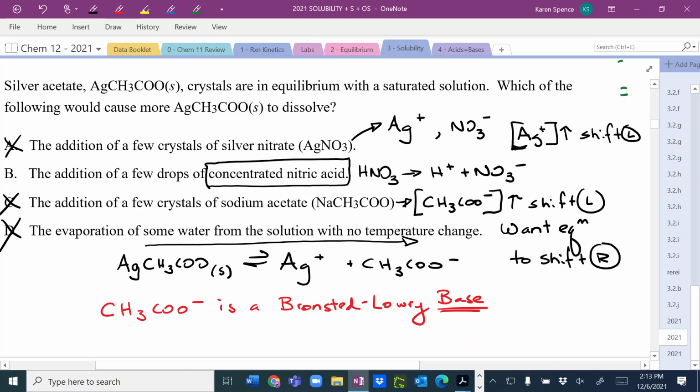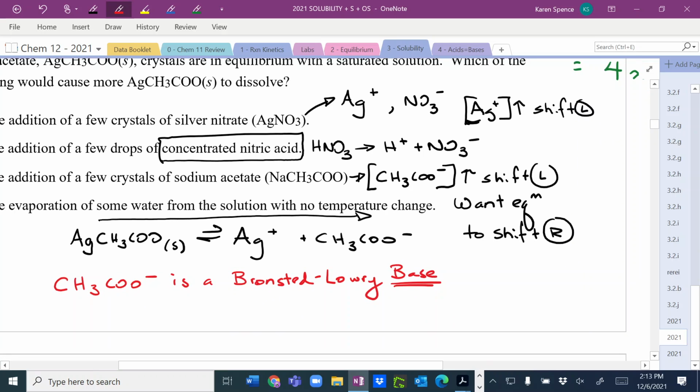What do Bronsted-Lowry bases do? Bronsted-Lowry bases are proton acceptors, yes.